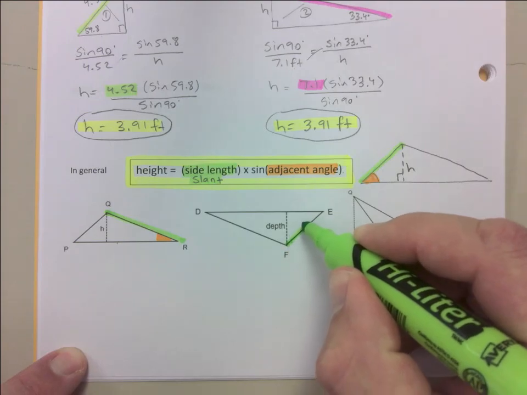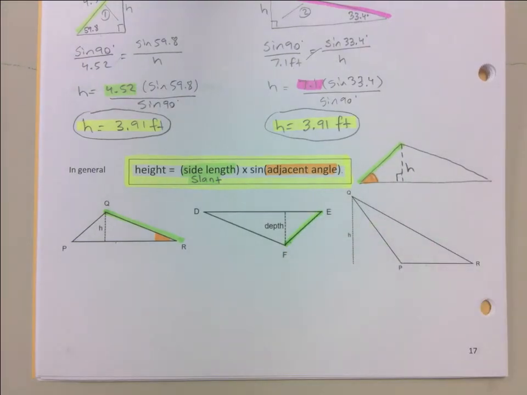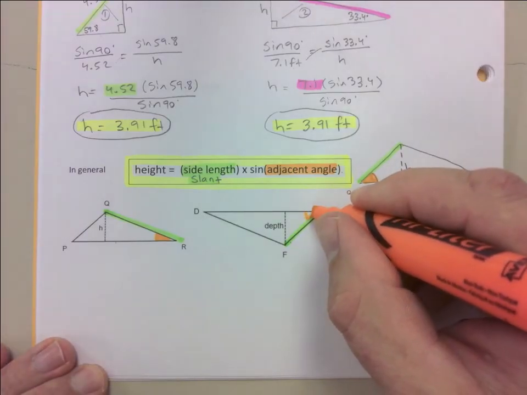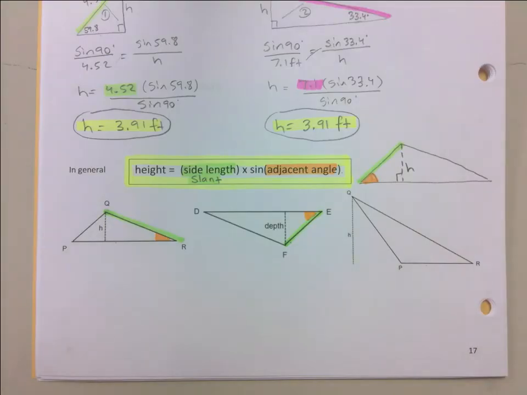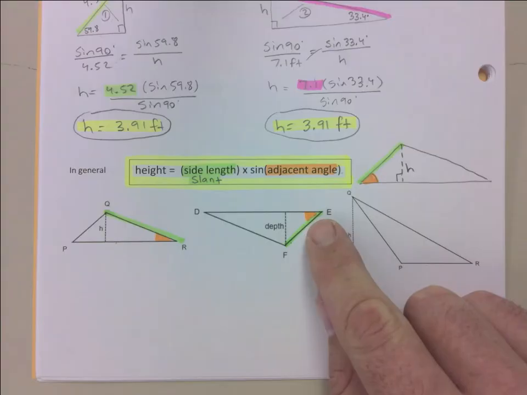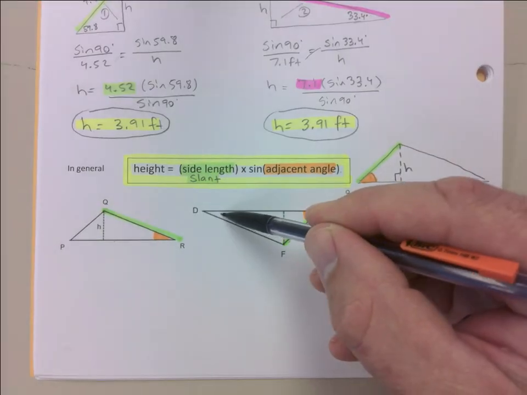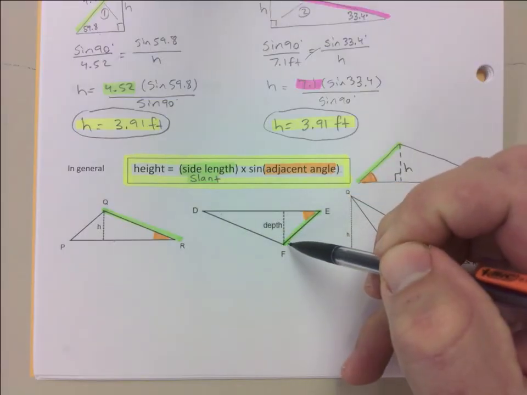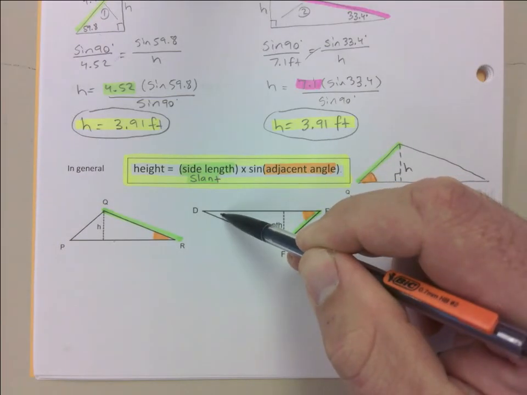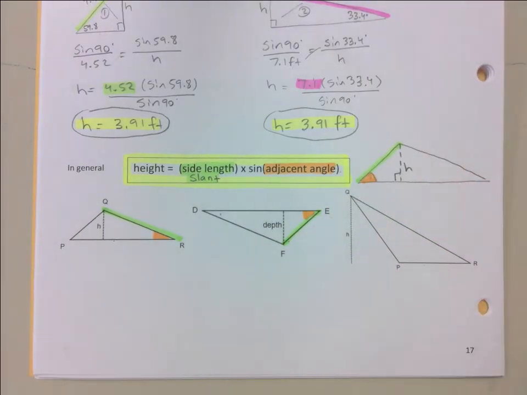This is the slant, and so the angle that would be touching it should be right here. If the angle that you're given, folks, look up here for one moment. If the angle you're given is over here, please don't go, 10 centimeters times sine of that one. It's not touching it. You can't use it. It has to be adjacent to it.